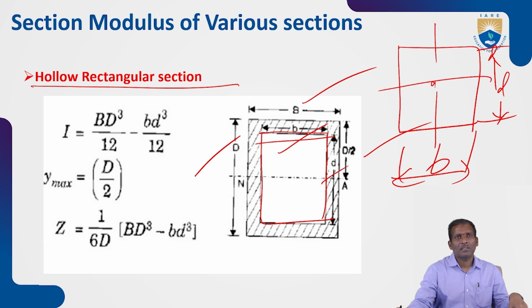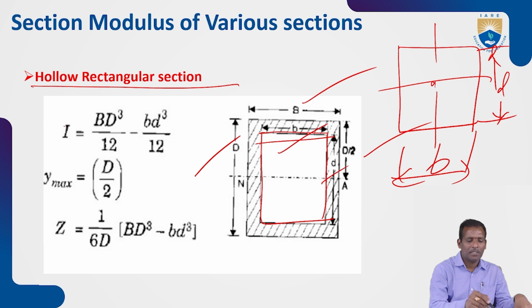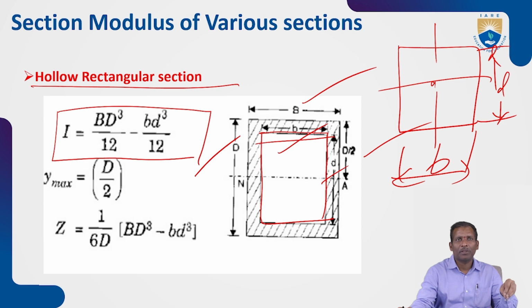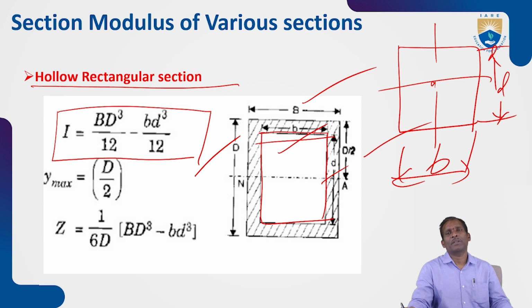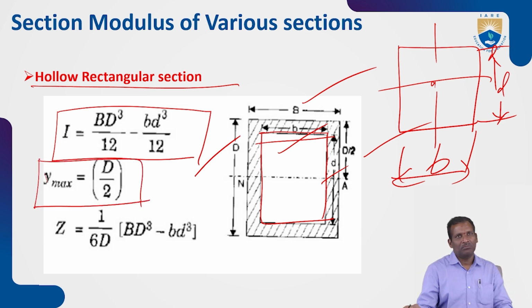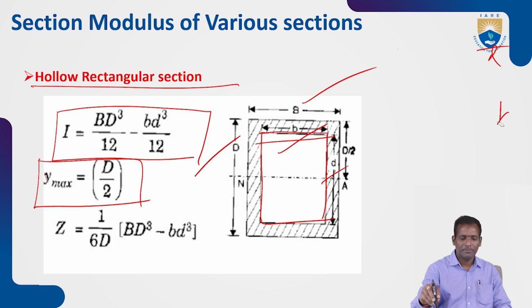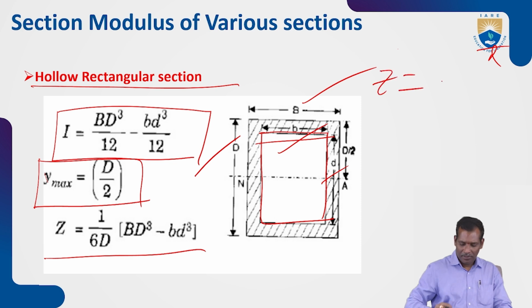For this, how do you calculate the moment of inertia? It is capital BD cubed by 12 minus small bd cubed by 12. The Y maximum is D by 2. Now you can calculate Z as I by Y, the formula already written in the previous slide.